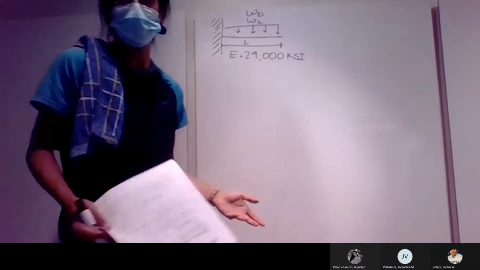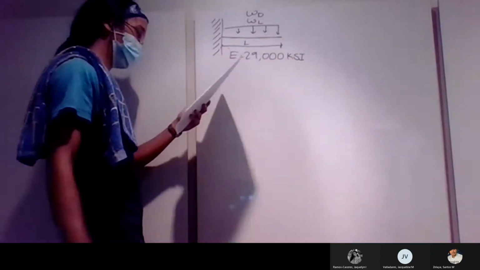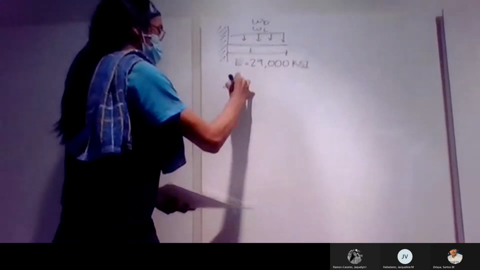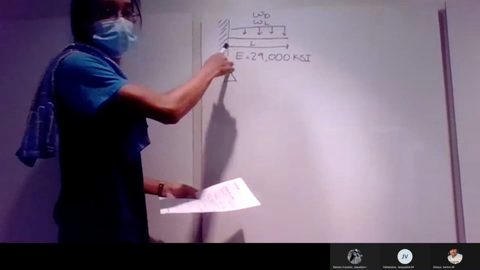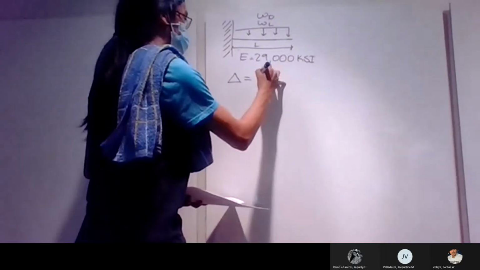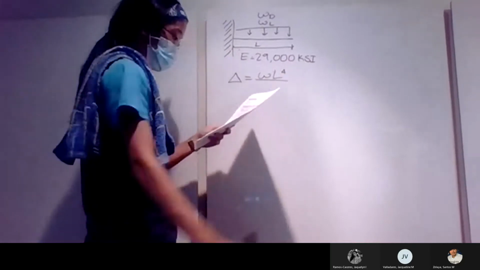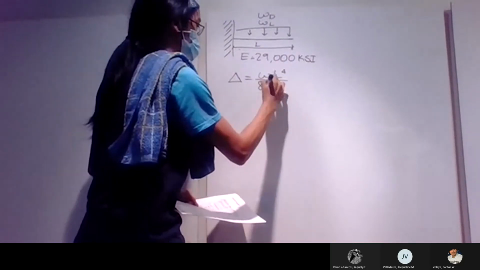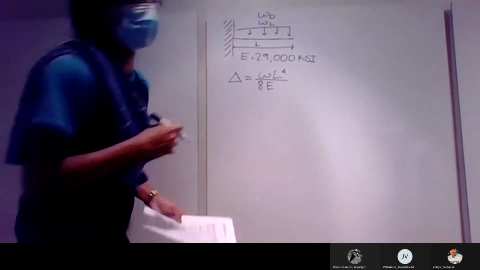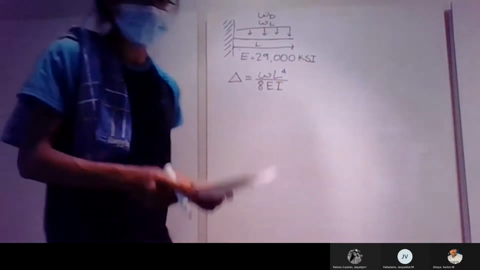All right, so we're calculating deflections here, and she gave us a very fun formula. Deflection in a cantilever beam is equal to load times the length to the 4th over 8 times modulus of elasticity times moment of inertia.